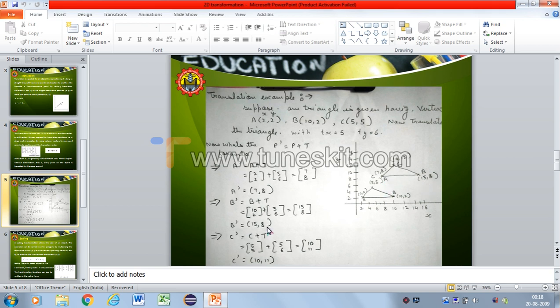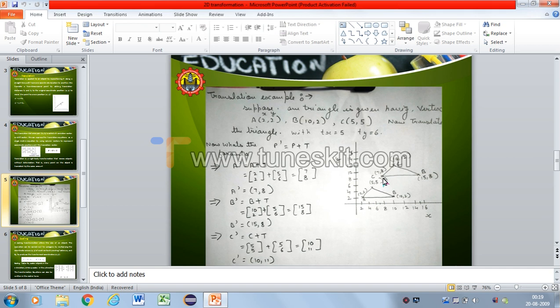Now second is B dash, 15, 8. This is 15 and this is 8. Put a cross here. Very good. C dash is 10, 11. This is 10 and this is 11, right? Put a cross here and join these three vertices.